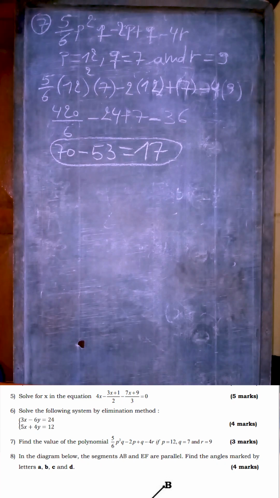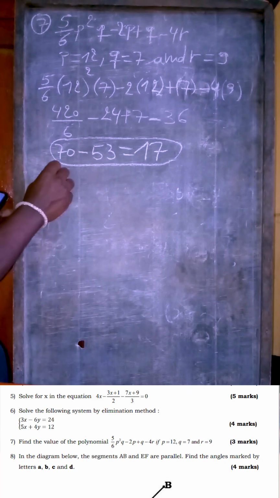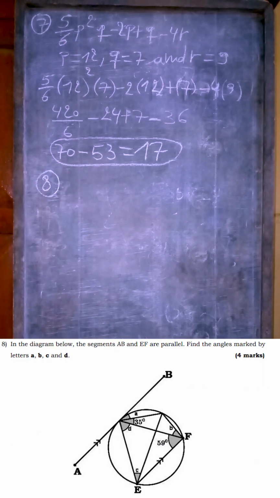Question number 8. Question number 8 is the diagram. We are going to draw the diagram below. They state that there is a diagram where we are asked, it is a circle with a quadrilateral inside.